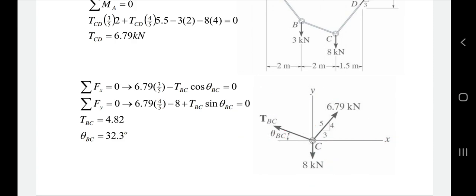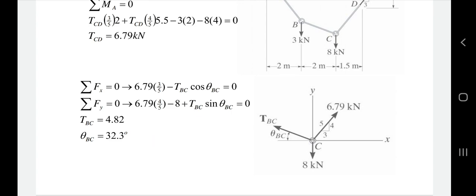Anyways, solving this equation, you find out TBC and theta BC. While you are watching this video, you should have the notes with you so that you practice this example by your own self. So only then you will be able to understand it completely.